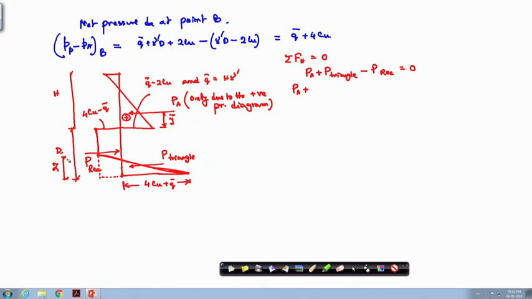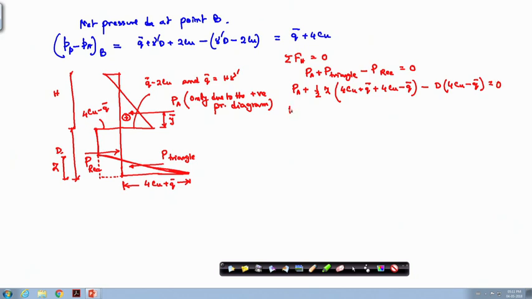So I can write half into z into the base, which is 4 cu plus q bar plus 4 cu minus q bar. This is for the triangle. Then the rectangle, whose side is 4 cu minus q bar, so I can write d into 4 cu minus q bar, that is equal to 0.